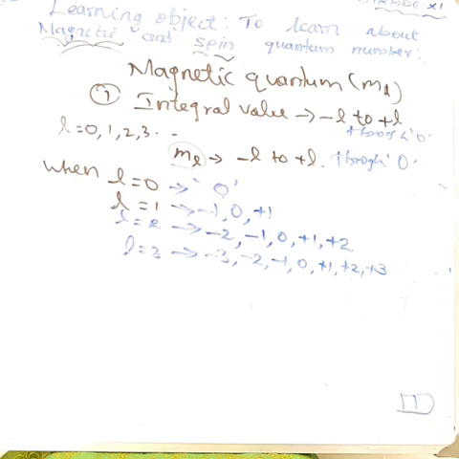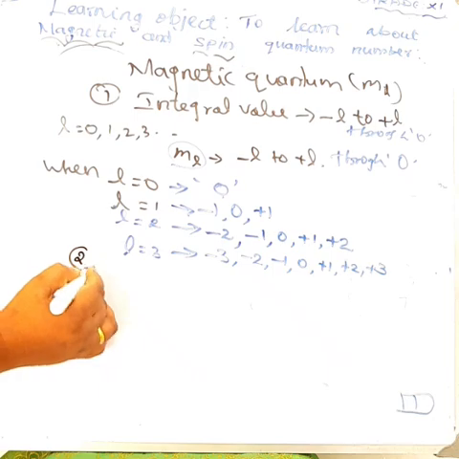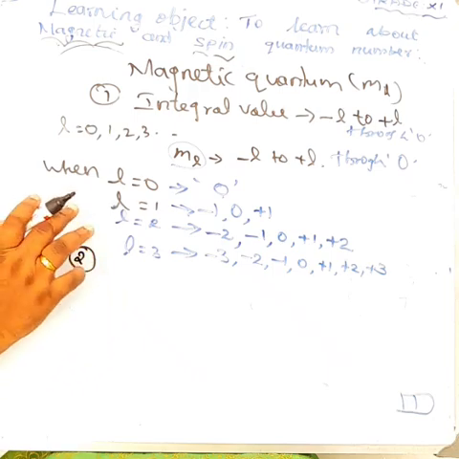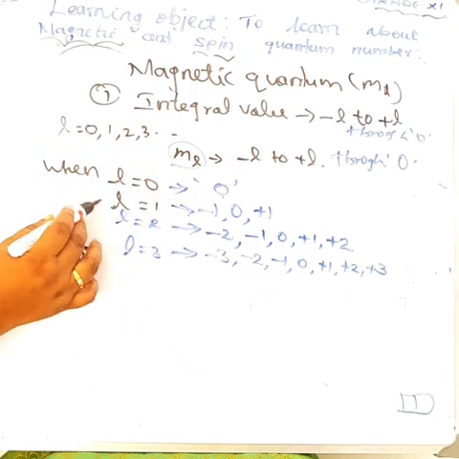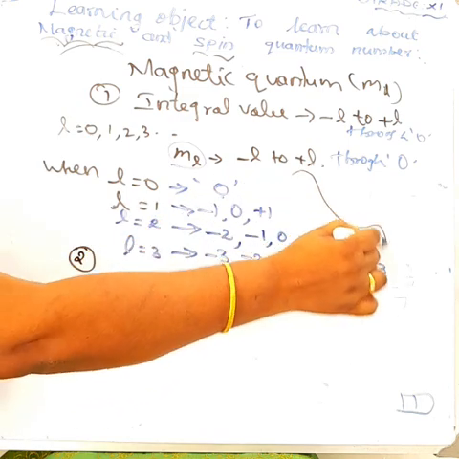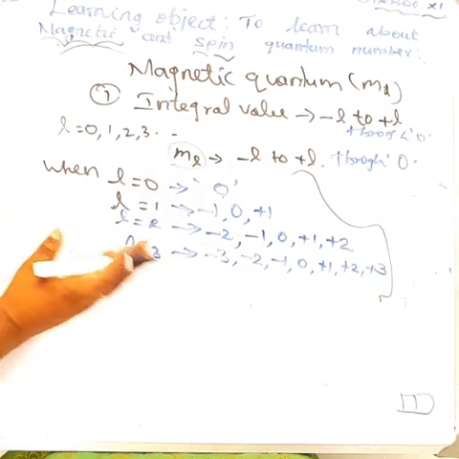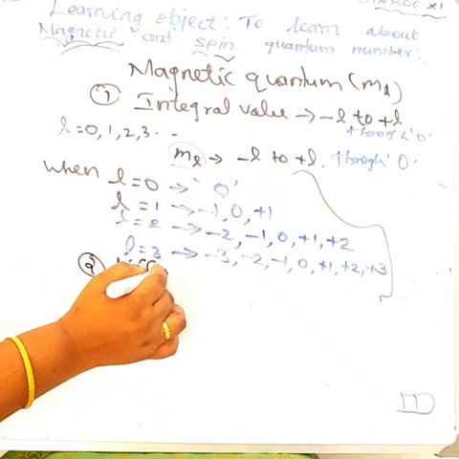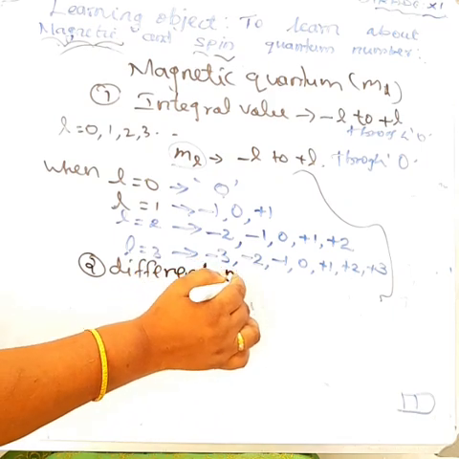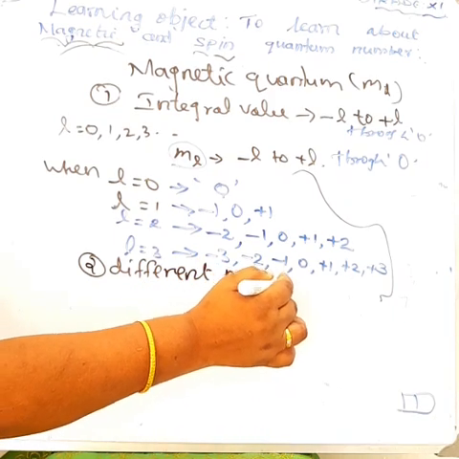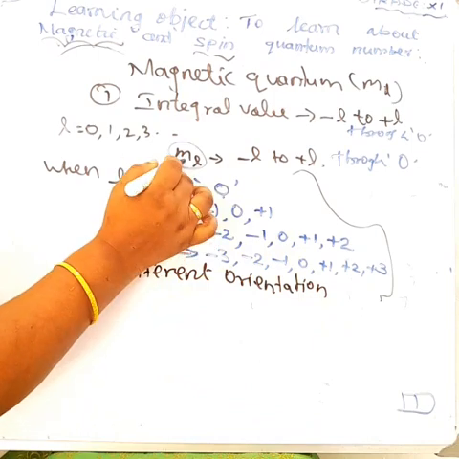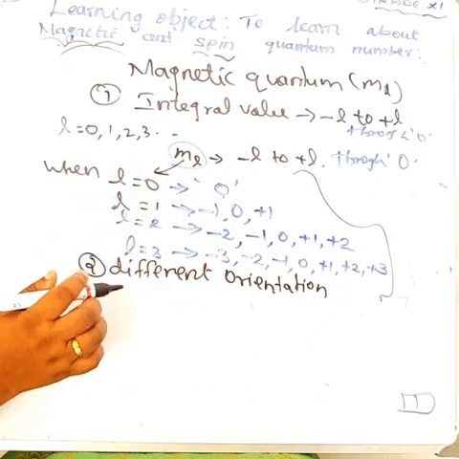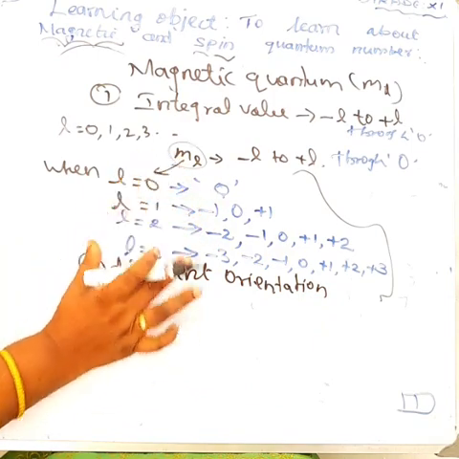This is about the first point. And what about the second point? The different values of m for a given L value represent different orientations of orbitals in space. For a given L value, the orbitals have different orientations.